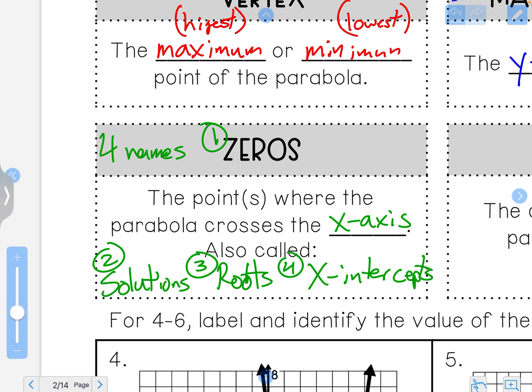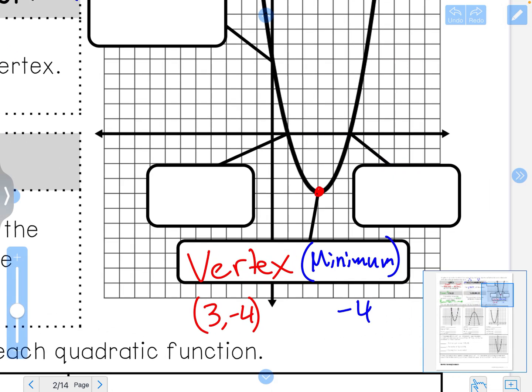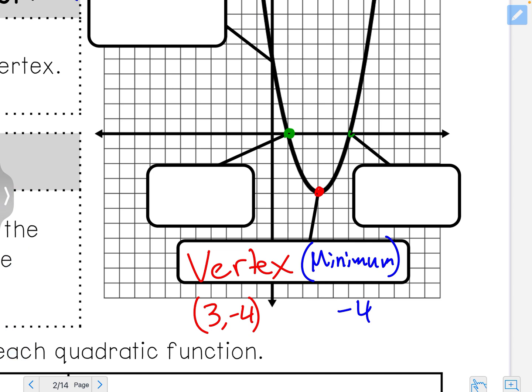Zeros, solutions, roots, x-intercepts. So if we look at our graph, again, x-intercepts is our key. It's going to be where it crosses the x-axis. So our zeros, our roots, our solutions, and then our x-intercepts.